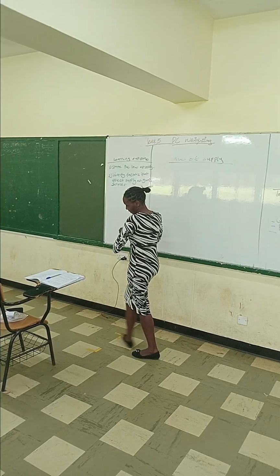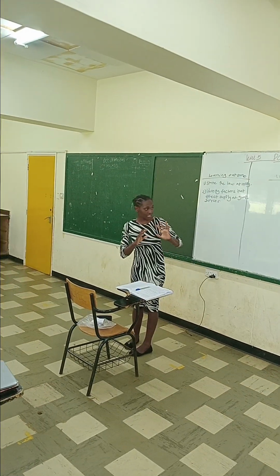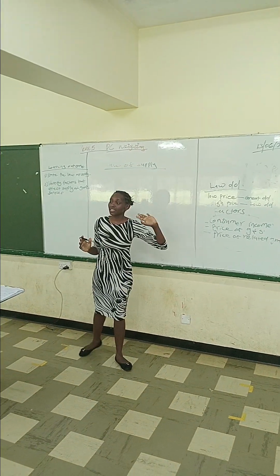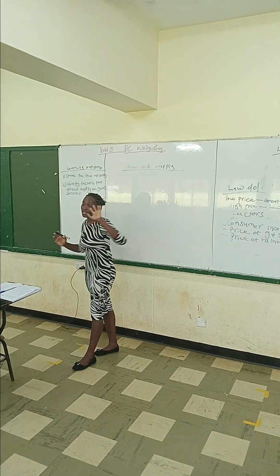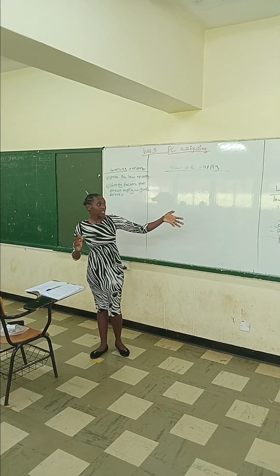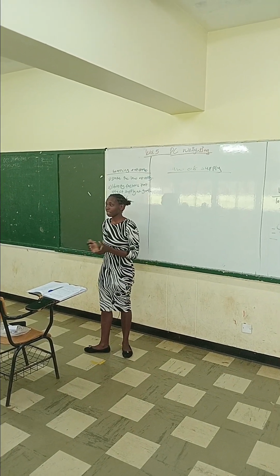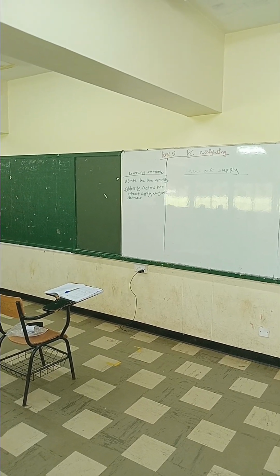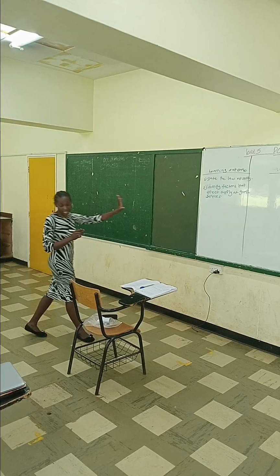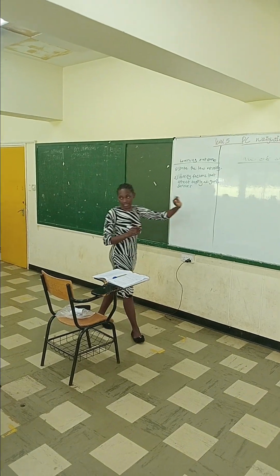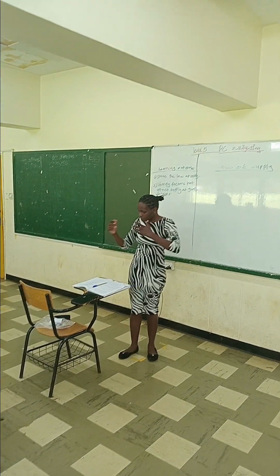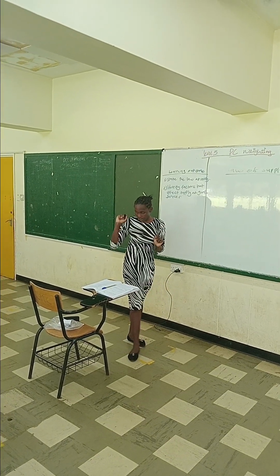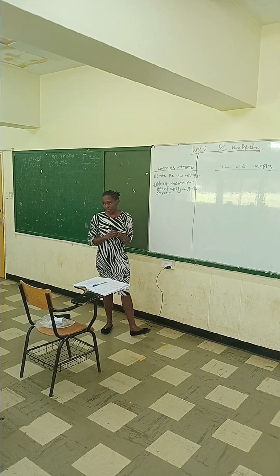We've looked at demand and we said when the price is low, the demand is greater, and when the price is high, the demand is lower. So we are flipping the coin, and now we want to look at supply. What do you think happens to supply when price goes up?